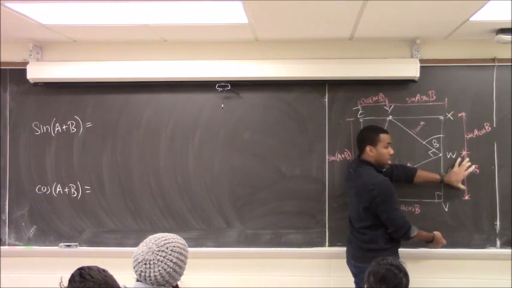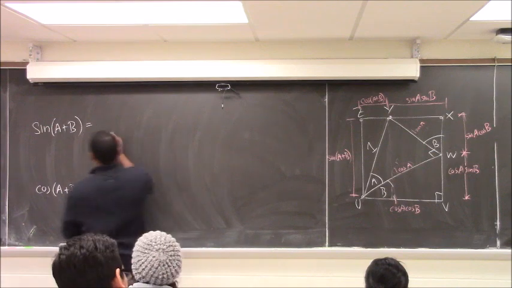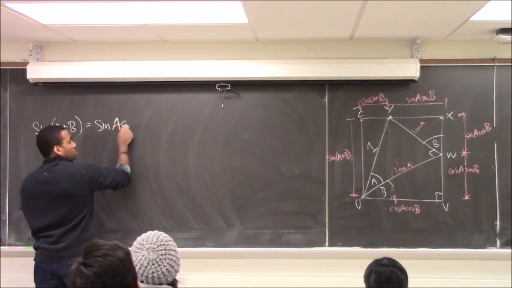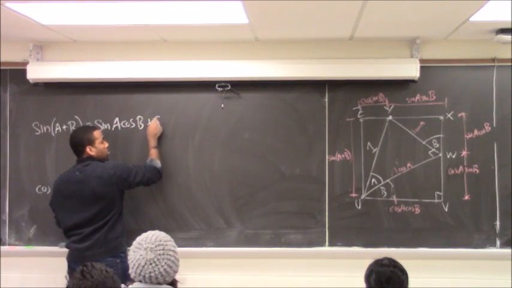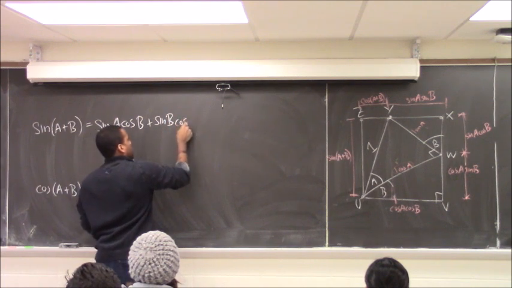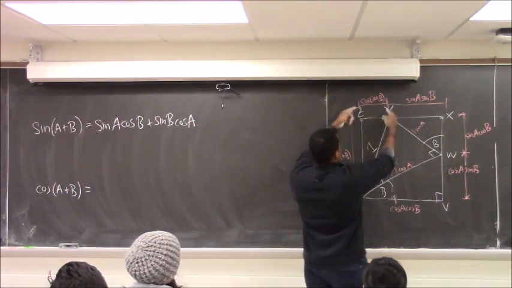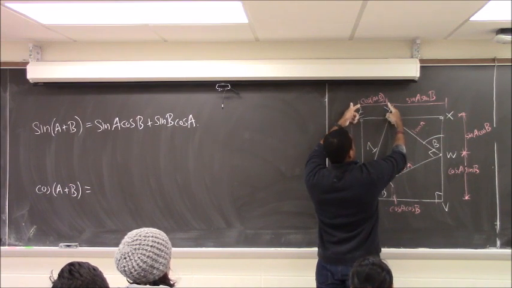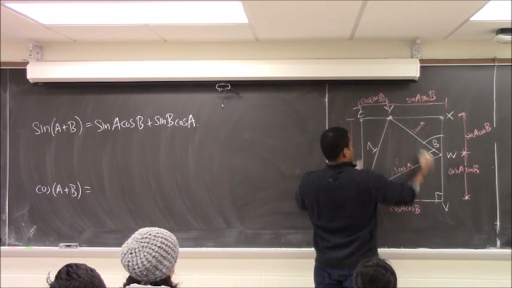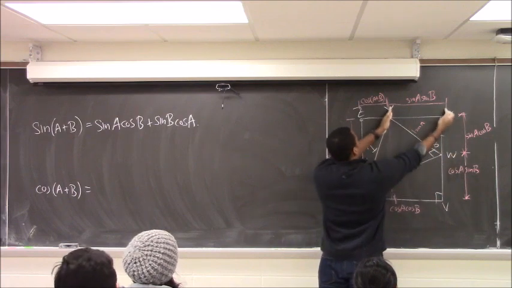Right? It's this plus that. And if I take the cosine of A plus B, I can think of that as this length minus that length.